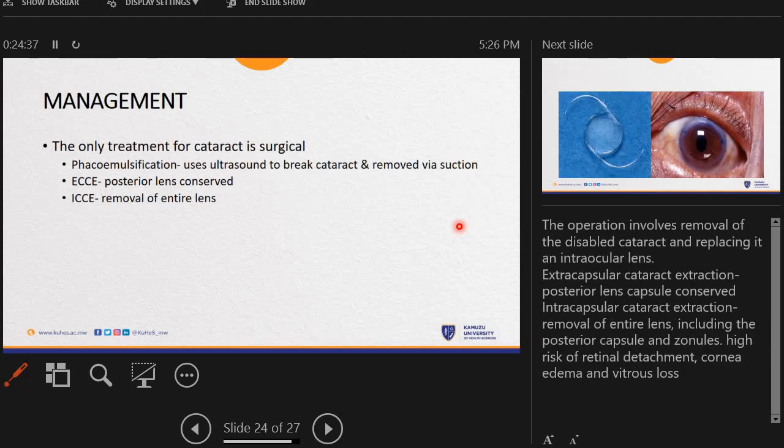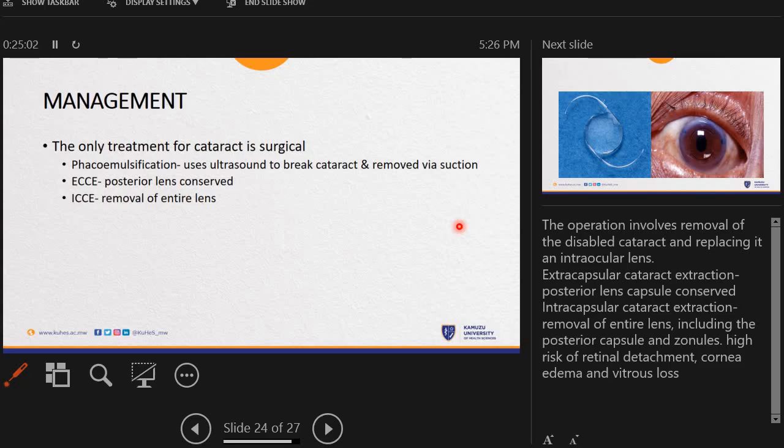So with the management, the definitive treatment for cataracts is surgery. But if it's not very severe or not affecting the patient's daily activities, it's not necessary to perform surgery. So you can try to just alleviate the symptoms.